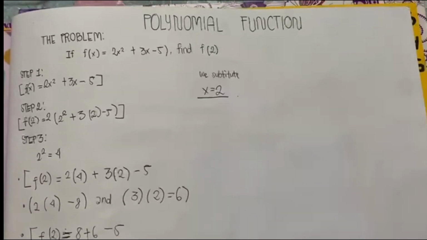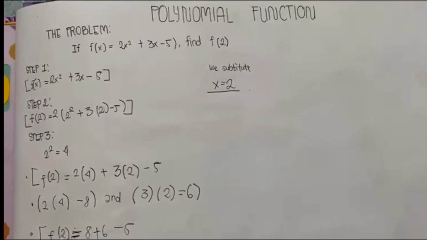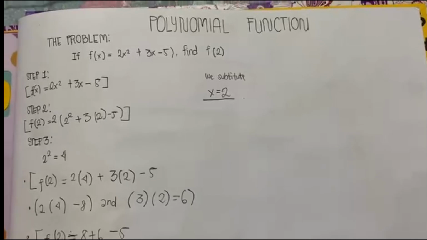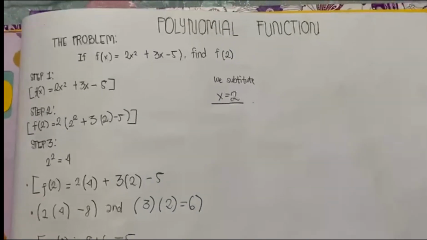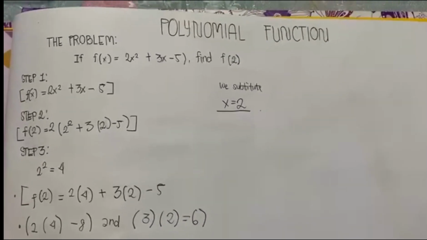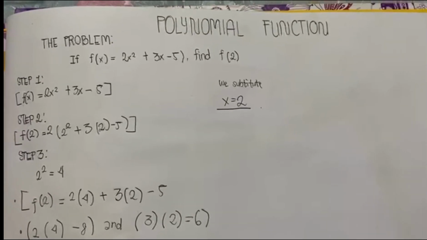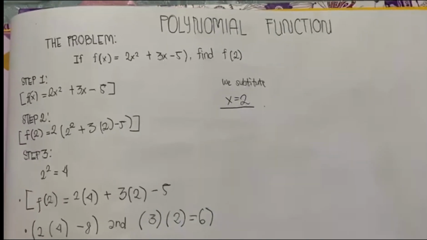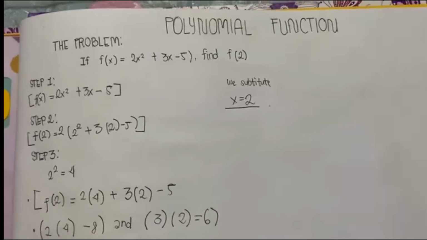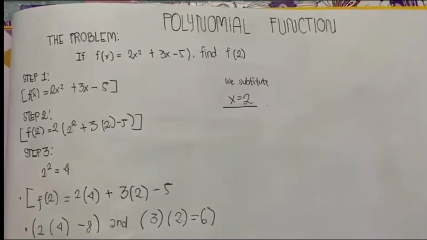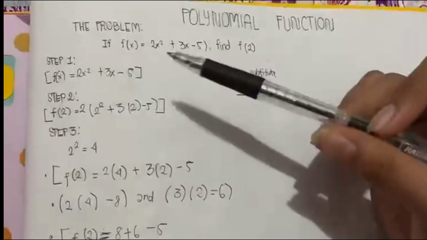Hello everyone, we are solving polynomial function. The problem is if f of x equals 2x squared plus 3x minus 5, find f of 2. Step 1.